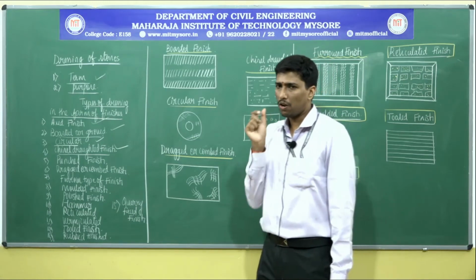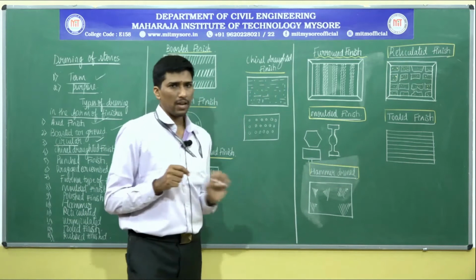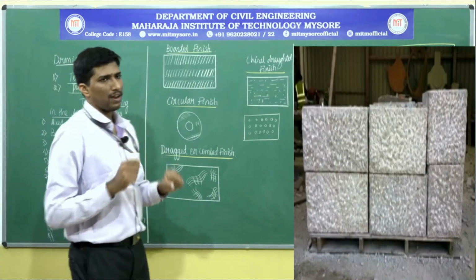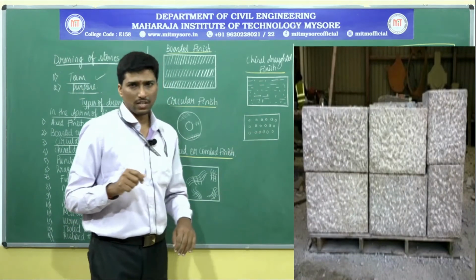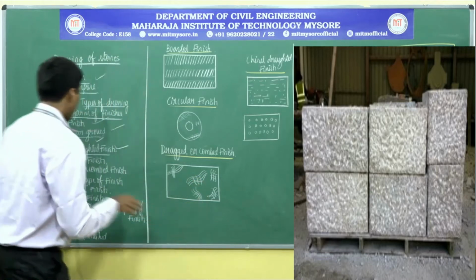We call it a small portion of depression. These are being made and hence we call them punches. That kind of finishing is what we call the punched type of the finish.